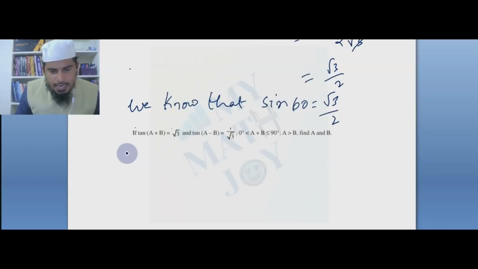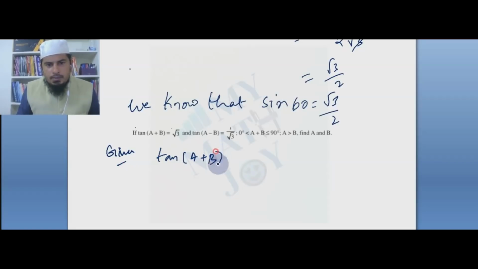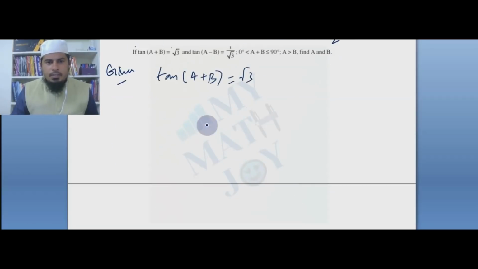Given tan of a plus b is equal to root 3. From the tables, you check for what standard angle this root 3 comes in the tan.